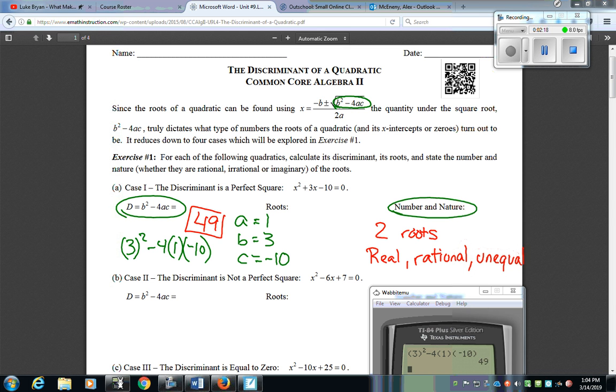Now, going on to the second case, what if we get one that's not a perfect square? Same thing here. A is 1, B is negative 6, C is 7.